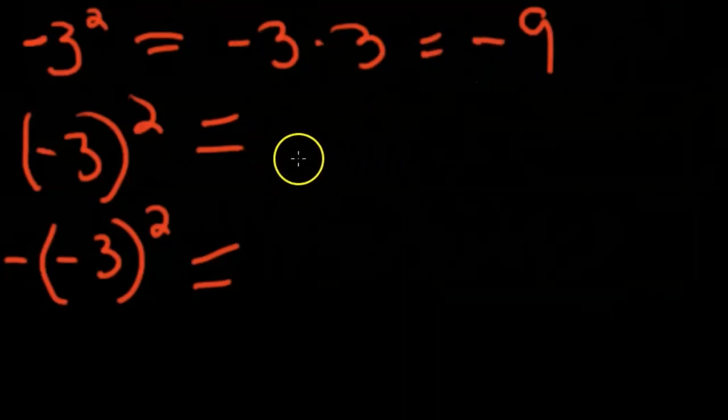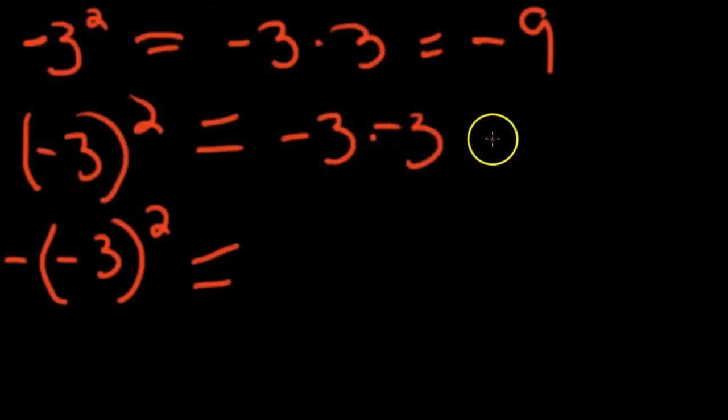Okay? The next problem, well, we have this negative 3 in parentheses. Whenever you have an even number of negative signs to multiply, the answer will be positive every time. Being inside the parentheses, this means the negative is affected by the exponent. So we have negative 3 times negative 3.